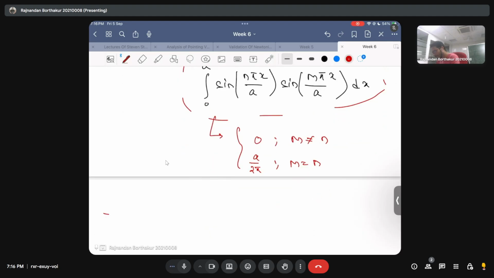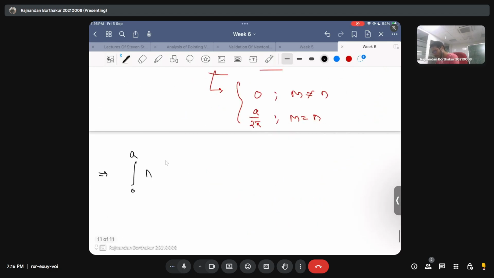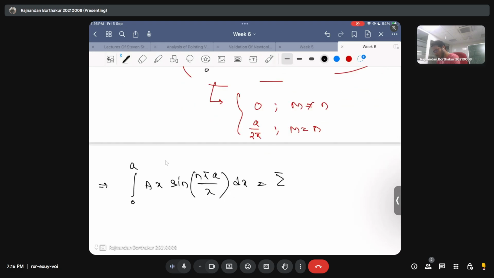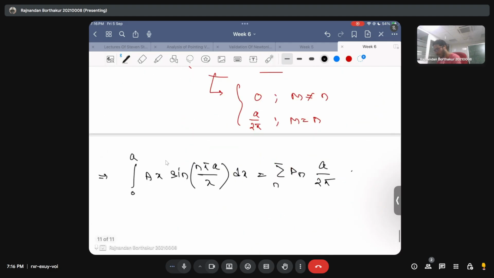So then I can write this as integral 0 to a, ax times sine. Now n is equal to m, so I'll just write n only. So this becomes sine n pi x by a times dx, and then this is summation over all n dn, and this is just a by 2 pi. And then there is a hyperbolic term as well, sine hyperbolic n pi b by a.